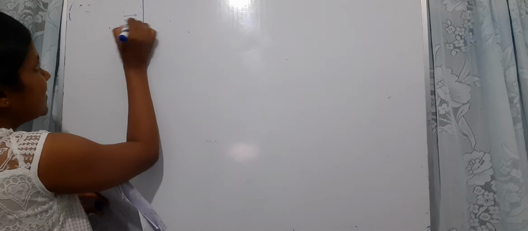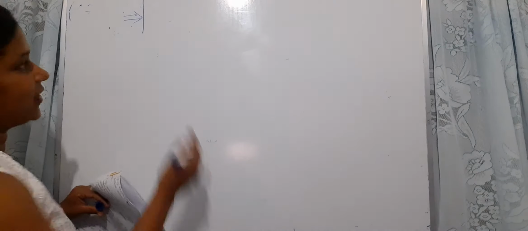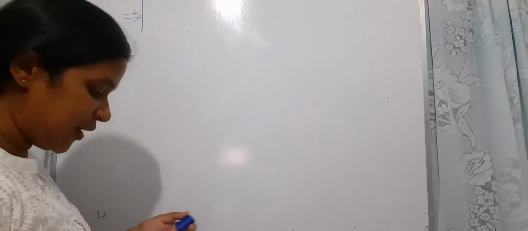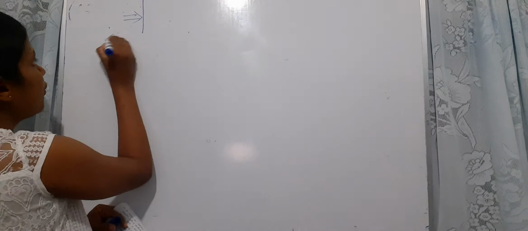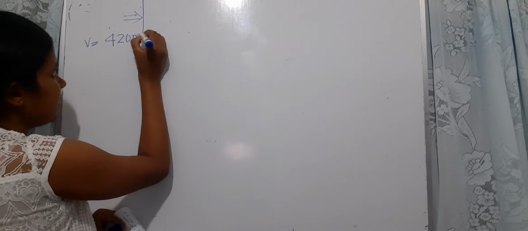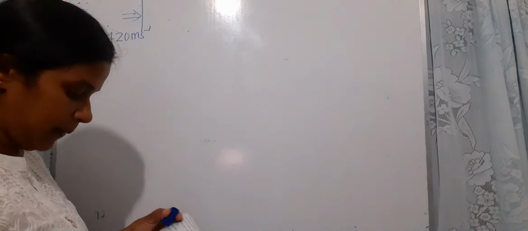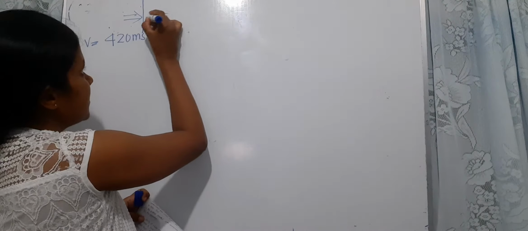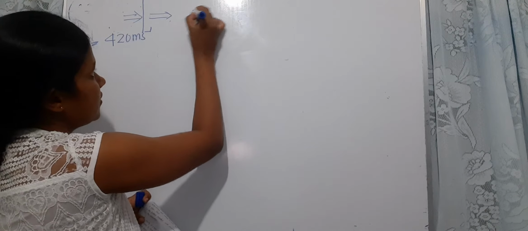Here, the bullet is here. It hits the target. When it hits the target, the velocity is 420 meters per second. After hitting that, it continues its motion.